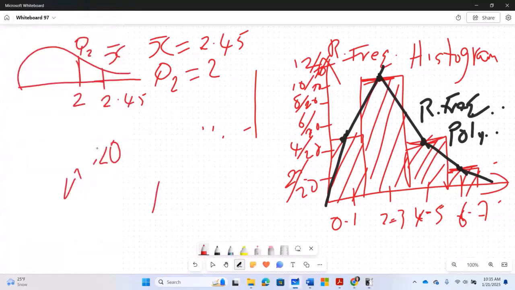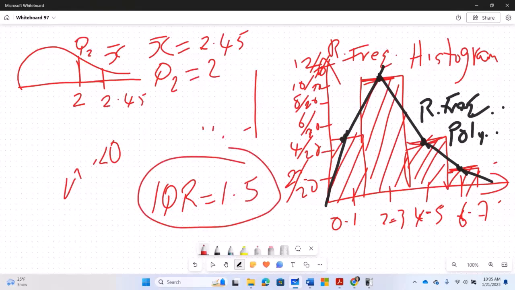Therefore, the IQR is 1.5. The interquartile range is 1.5. I could be told to find so many things using one data set.